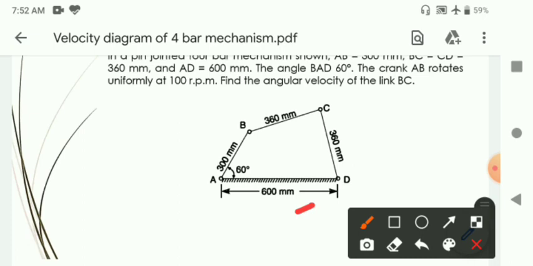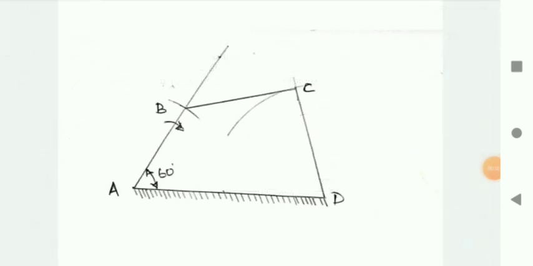Okay, 600 millimeter can be approximated as 6 centimeter, and you can draw. Like in the previous question, you keep the paper horizontally, and at the top side of the paper, you draw the space diagram. Here I have drawn the space diagram.